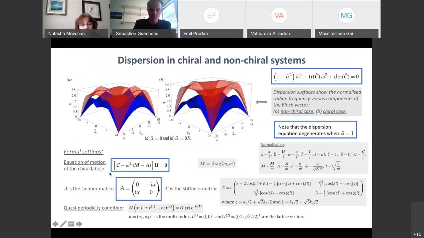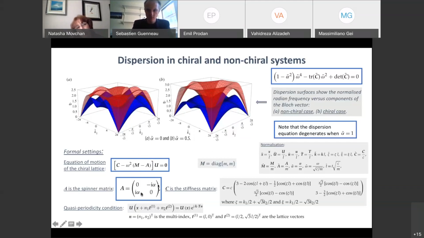So, if we write down the equation of motion in the chiral lattice, assuming that we have time harmonic motion, we can see that the equation is very similar to the one we have for a normal triangular lattice, with one difference. We have the matrix, which is called here matrix A, and this is a spinor matrix.